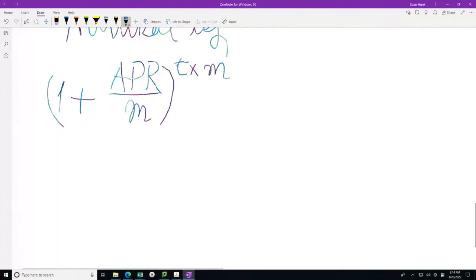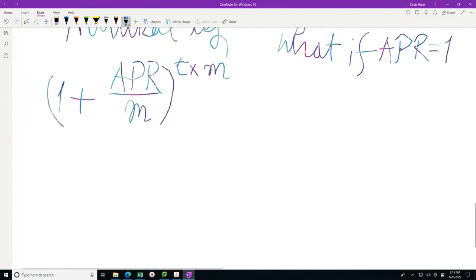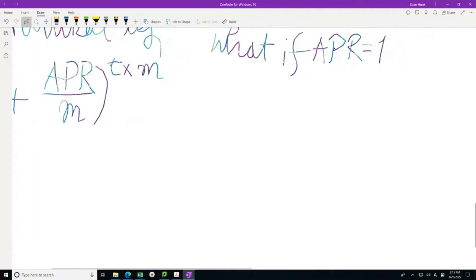And what if APR is 1? 1 means what? If you think 1 is 1%, then no. 1 is 100%, right?